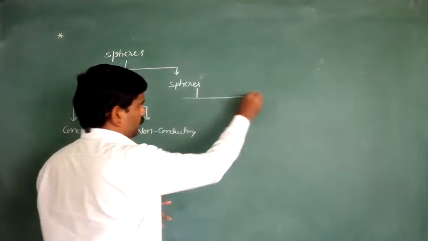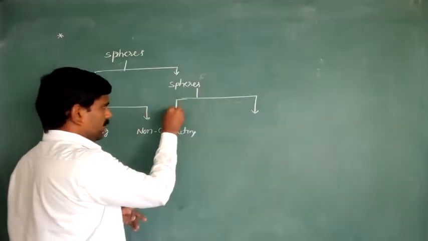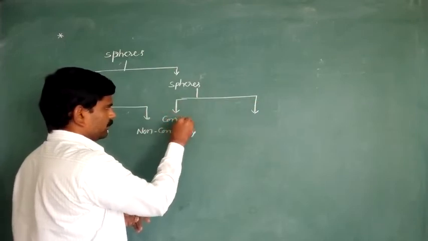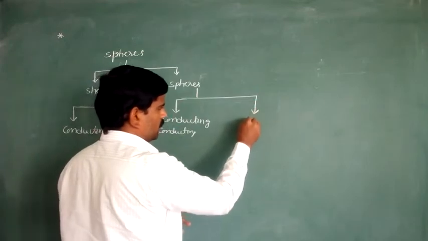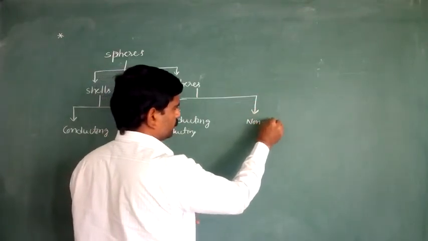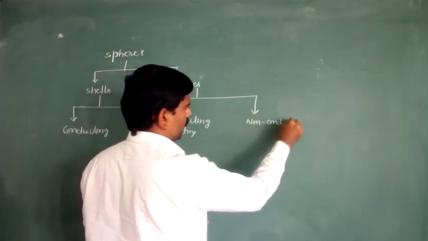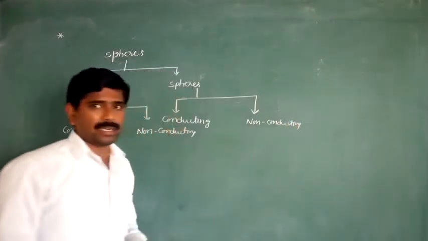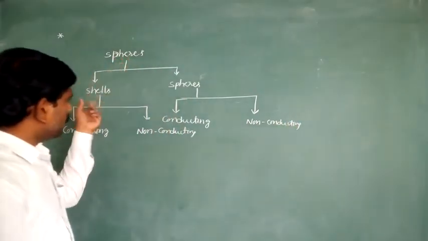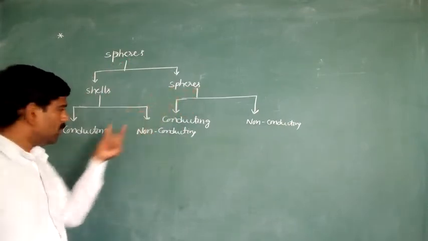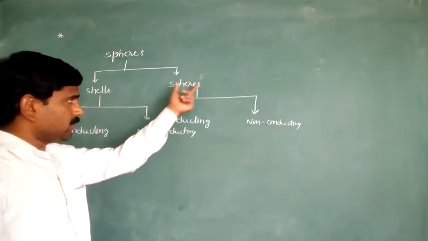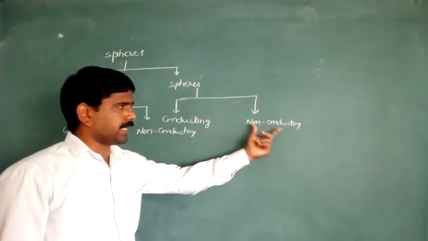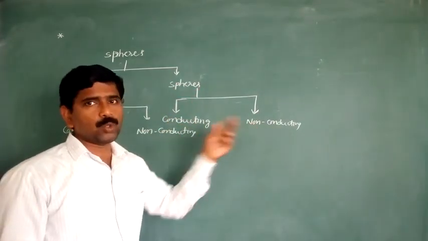Spheres also have two types: one is the conducting sphere, and the other is the non-conducting sphere. So these are the shells and spheres, each of two types.